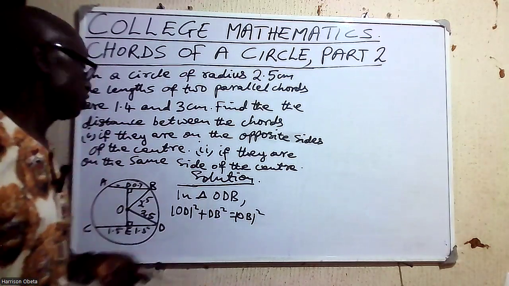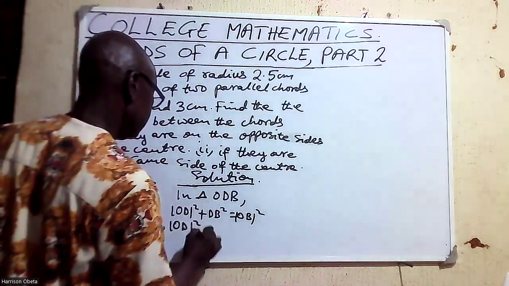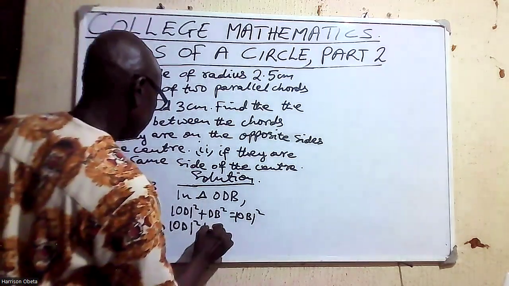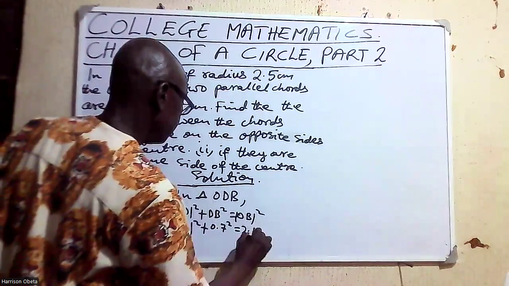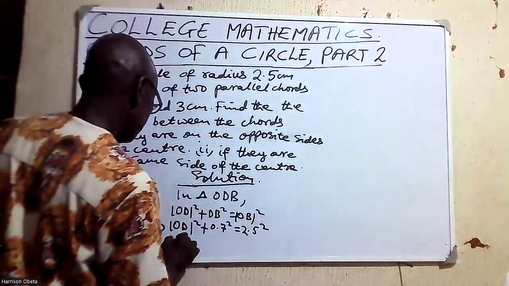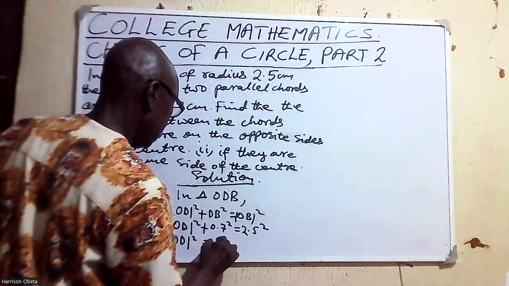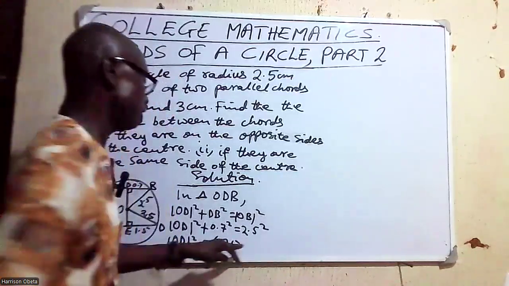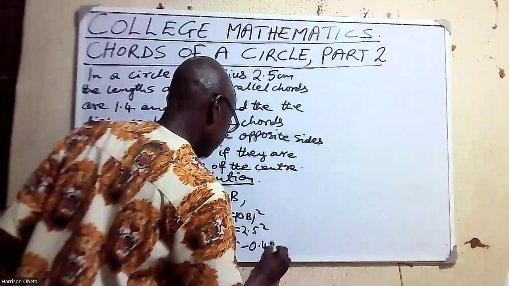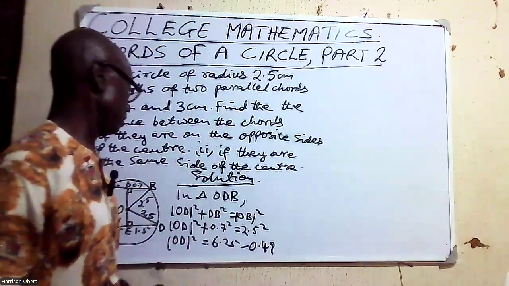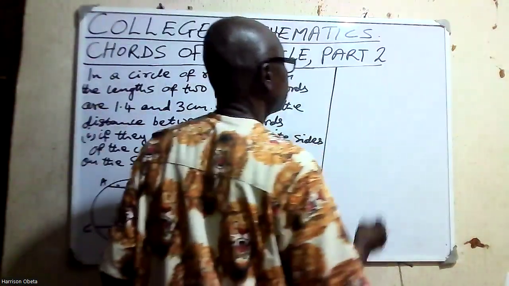That's from Pythagoras theorem. And that means that OD squared plus 0.7 squared is equal to 2.5 squared. And that means that OD squared is equal to 6.25, which is 2.5 squared, minus 0.49, and that's 0.7 squared. So coming over here, we subtract.